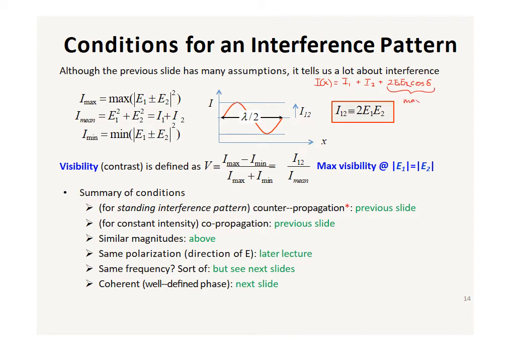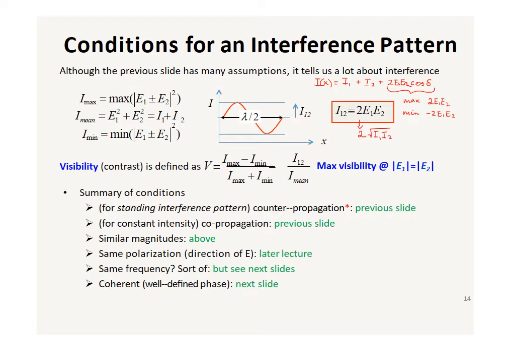This will take a maximum when the cos goes to 1, so that gives us a maximum of 2E1, E2, and the minimum is going to be minus 2E1, E2. So sometimes you'll see this term here written as 2 times the square root of I1, I2.